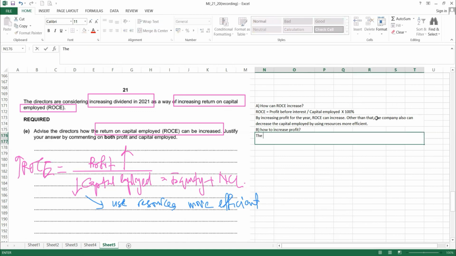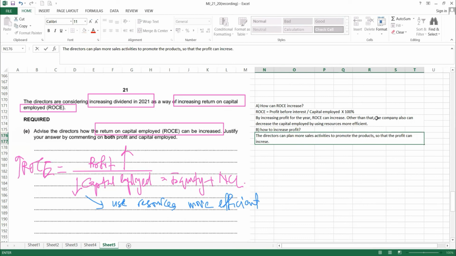You can say that the company or the director can plan more sales activity to promote the product, so that the profit can increase.